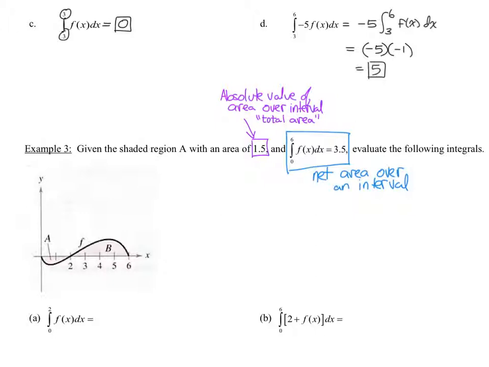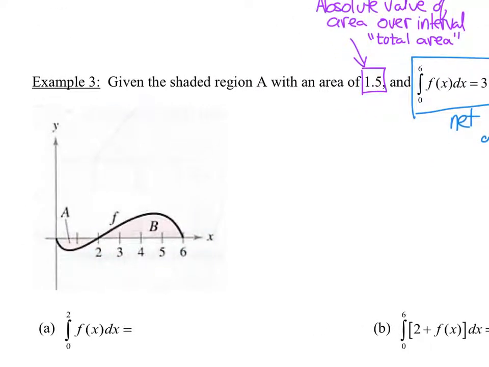But anyway, what that's telling us is that the definite integral from 0 to 2 of my function f of x dx would be equal to negative 1.5. Right? Because definite integrals do allow for negative results. They're also telling us, flat out in the problem, that on the interval of 0 to 6, we have 3.5.